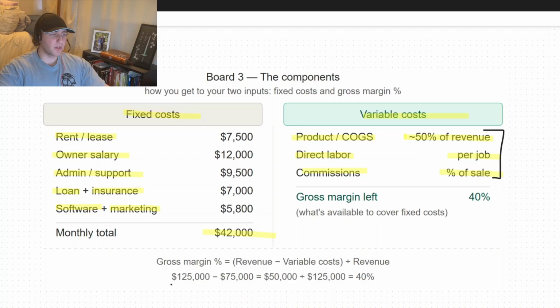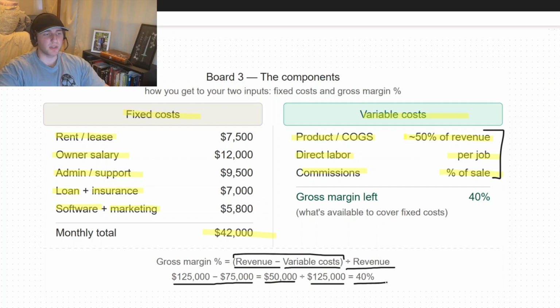So to get your gross margin percentage, we simply take your revenue, subtract the variable costs, and then take the result and divide it by total revenue. As you can see here, 125K minus 75K equals $50,000, and we divide $50,000 by the revenue. This gets us our gross margin percentage.